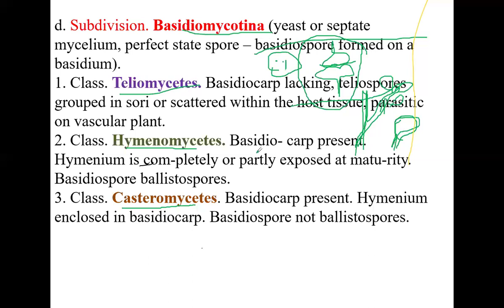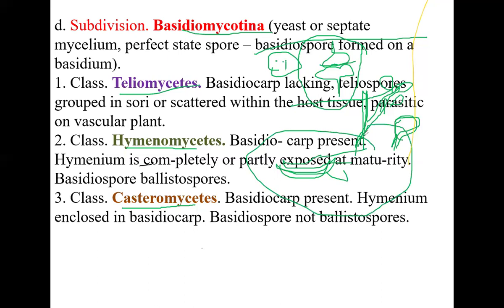Okay, and then the next is Hymenomycetes. Here the basidiocarp is present. In the basidiocarp, the fruiting body usually has 3 parts: excipulum, subhymenium, and hymenium. This question has also been raised many times.